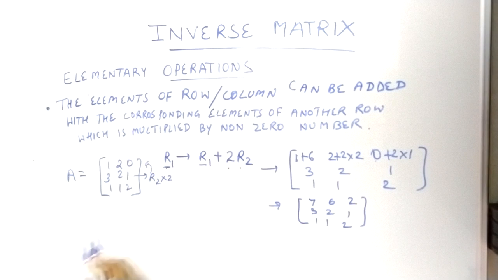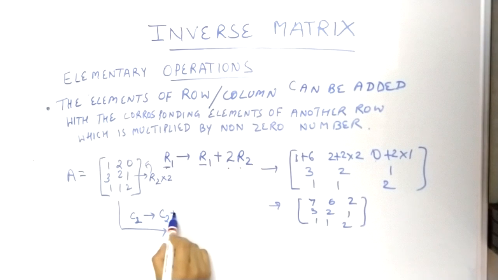Now the same thing you can do with a column also. Here suppose I am writing C2 as C2 plus 3 C3. After doing this, C1 will remain the same.